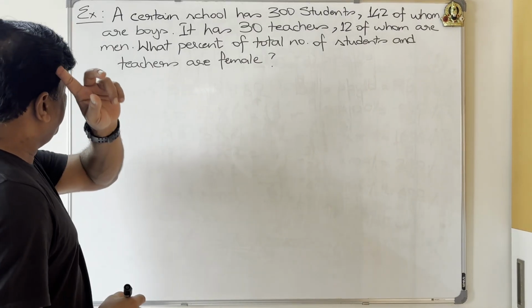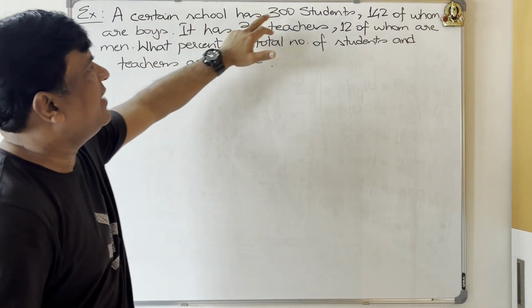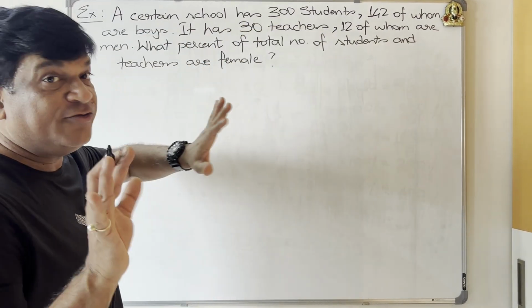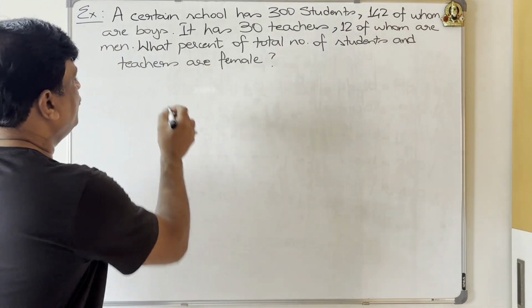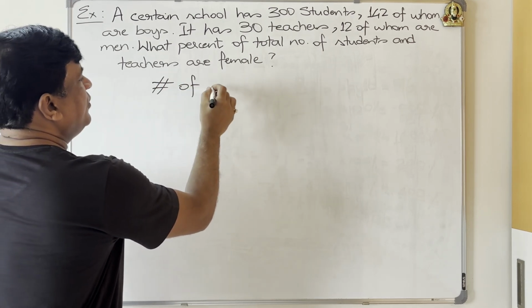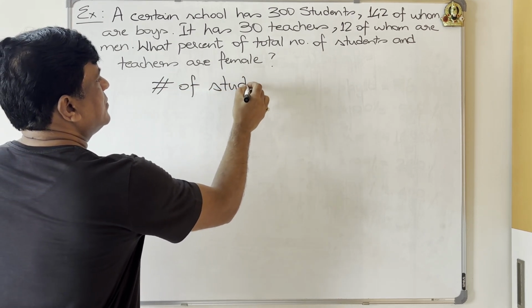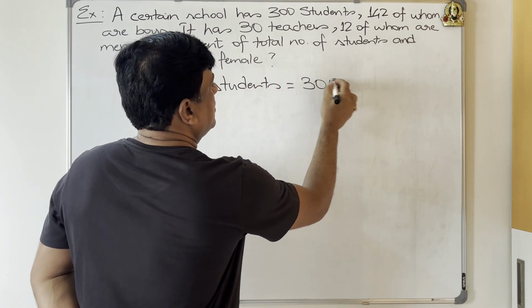Okay, one more example over here. Let's read the problem. A certain school has 300 students, 142 of whom are boys. So note down the problem. Number of students is equal to 300.